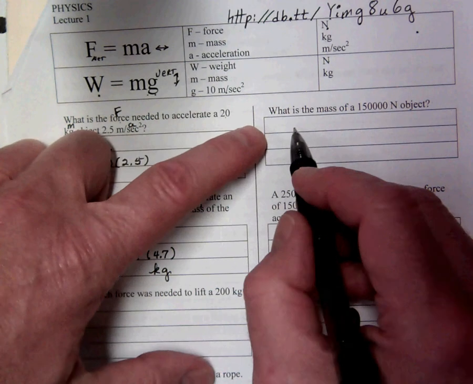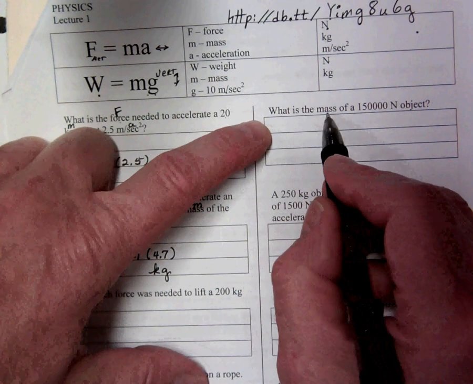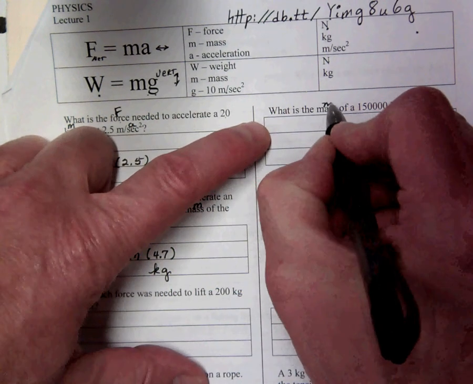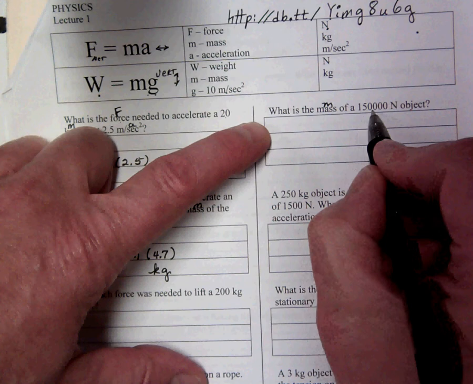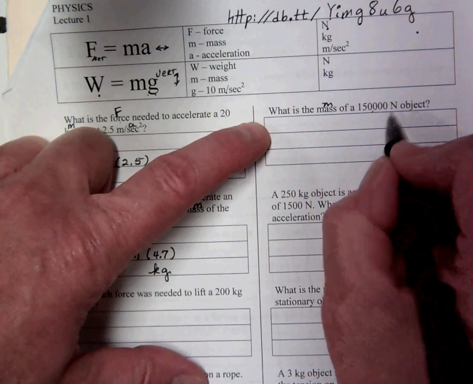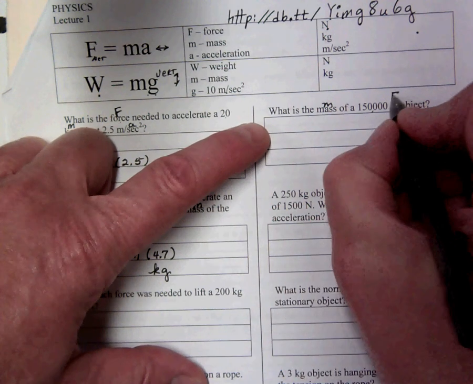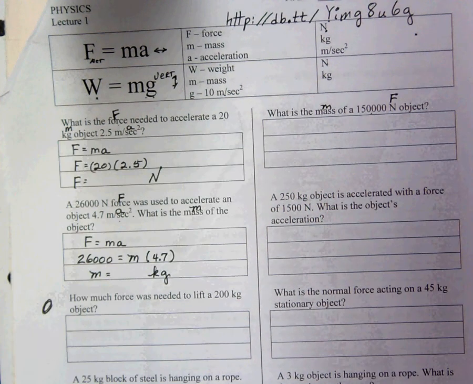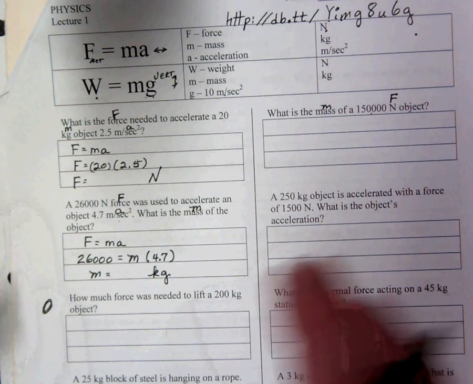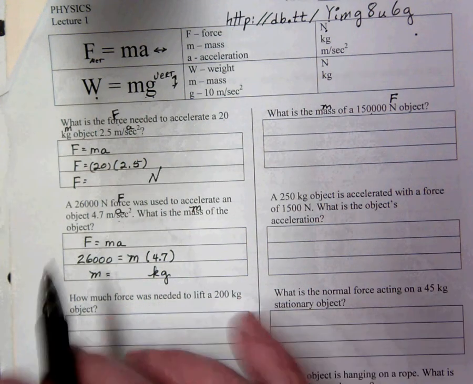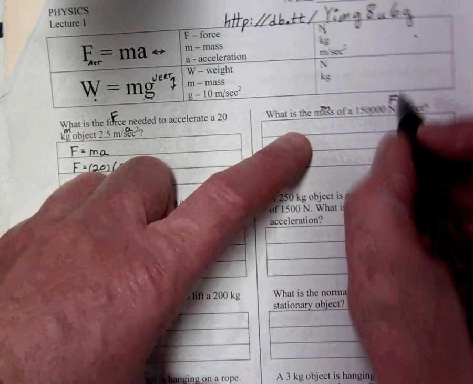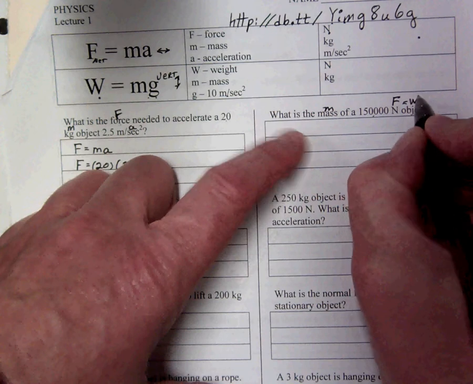Let's look at this one right here. It says, what is the mass of a 150,000 Newton object? So there's a force. Well, you're probably thinking, I don't have all of my numbers here, but remember, I'm not accelerated, so I can equate this to weight.